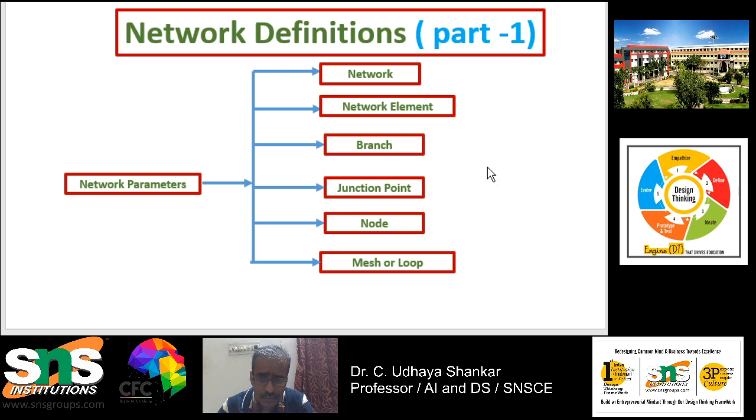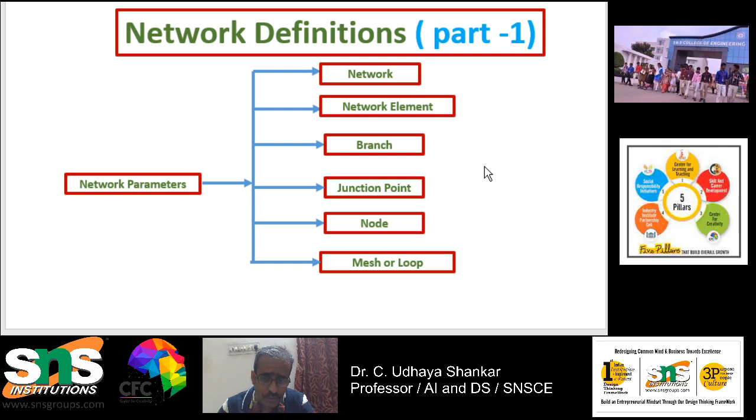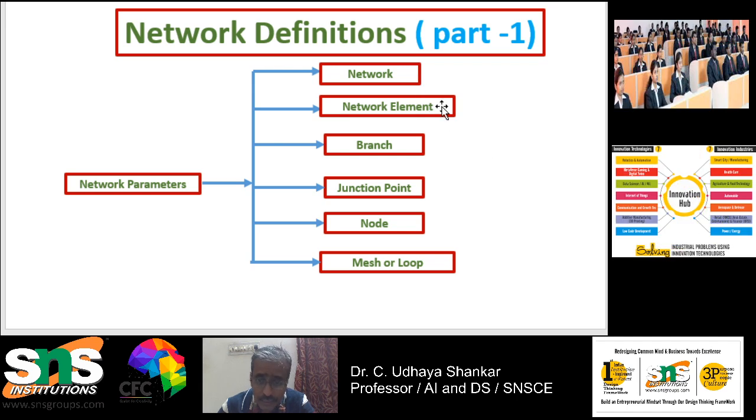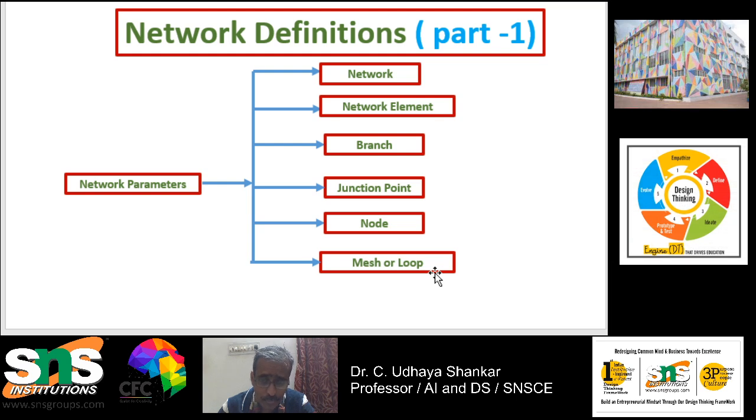Initially it seems that these parameters are very new, but once you understand them, it will be very easy to solve problems and design any network. So we want to understand the definitions of what is a network, a network element, a branch, a junction point, a node, and a mesh, which is also called a loop.